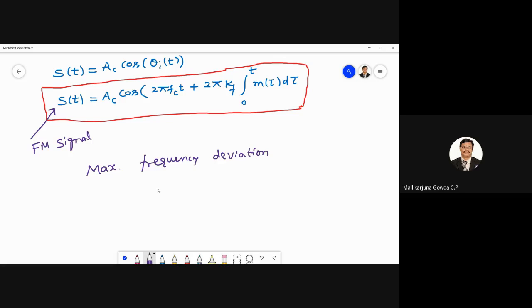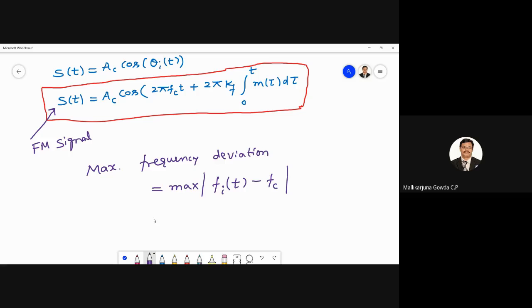That will be the value of frequency deviation, which is equal to fi of t minus fc. Fi of t is the modulated frequency, and fc is the unmodulated carrier frequency. The difference is the frequency deviation.